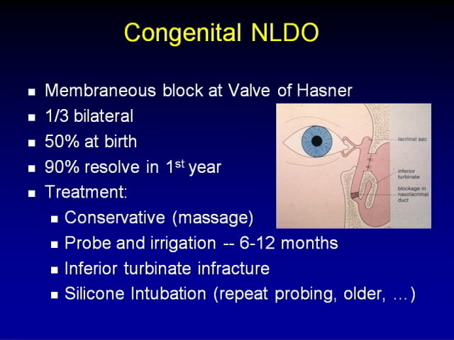You just move it out of the way. And then there's controversy about silicone intubation. Some people will intubate on the first go around. I believe the book tells you definitely do silicone intubation if it's a repeat probing or if there has been a dacryocystitis or some kind of infection. But if it's a primary probing, you don't need to do silicone intubation.